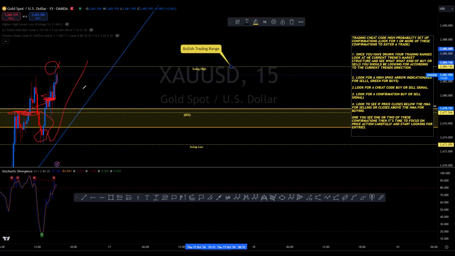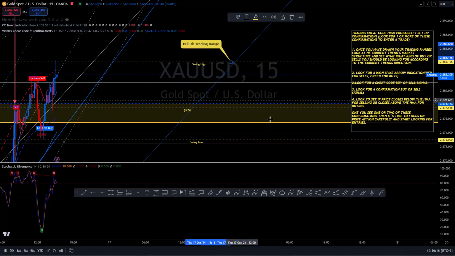Now, if price passes this structure here, we might be ready to start looking for counter buys and retest sells. So let's go ahead and turn on the cheat code indicator and the CC trend. Now what we're going to be looking for is a high spike arrow.